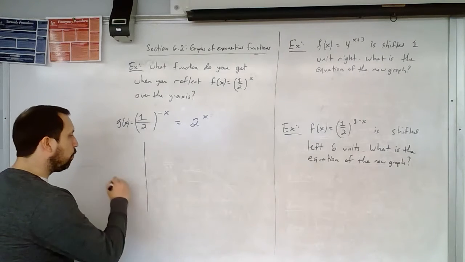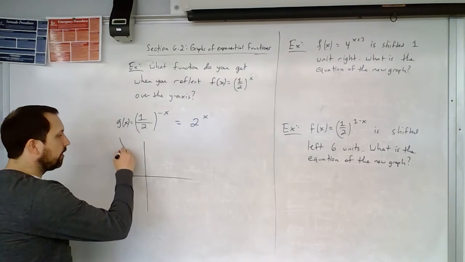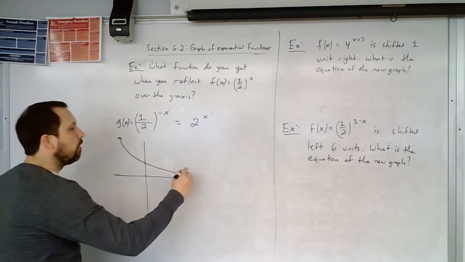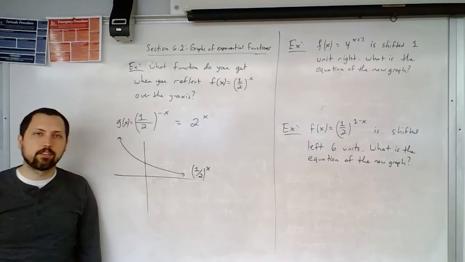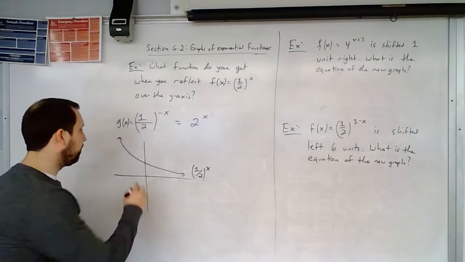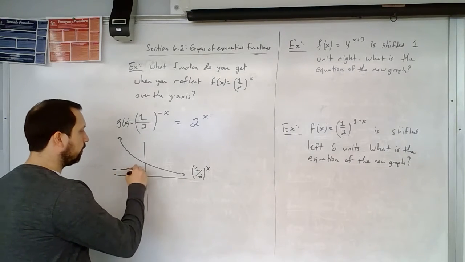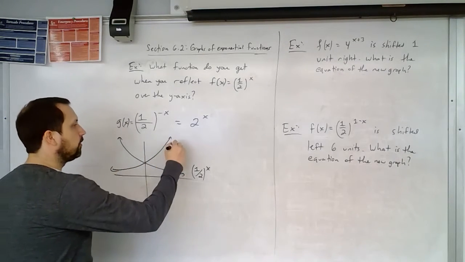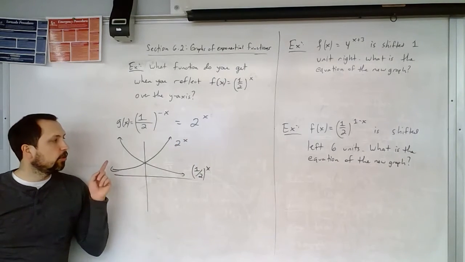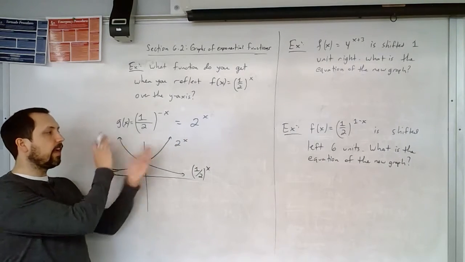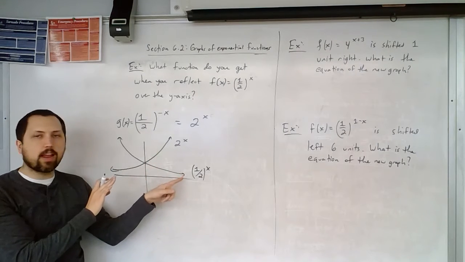If we look at why this is the case, remember, this was the function of 1/2 raised to the x. But then the function that we drew for 2 to the x looked like this. So 2 to the x, if you reflect this over the y-axis, you get 1/2 to the x.